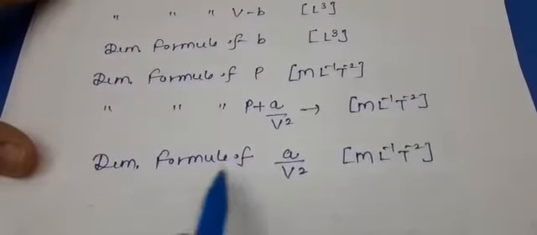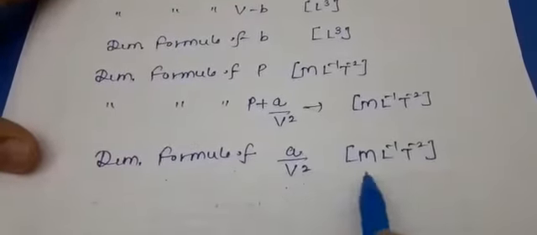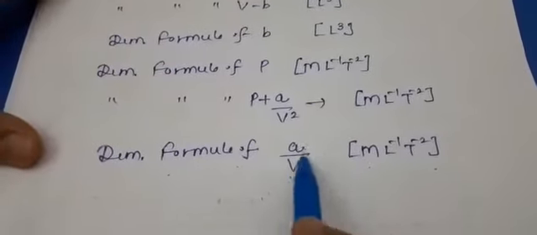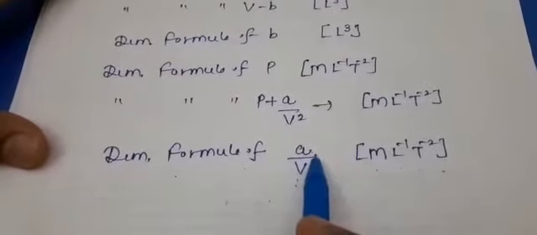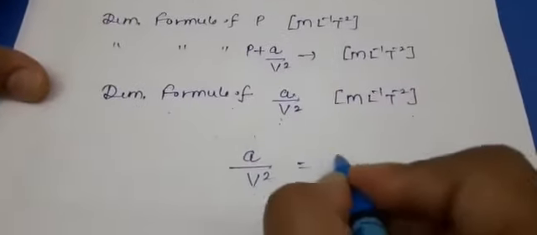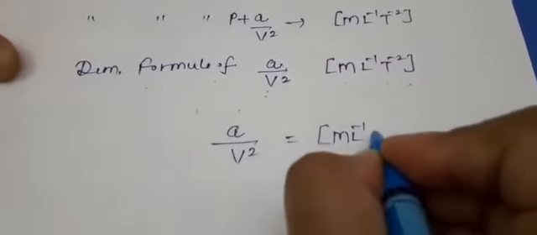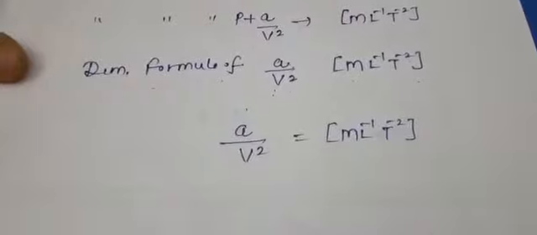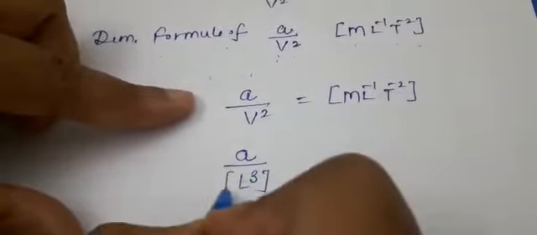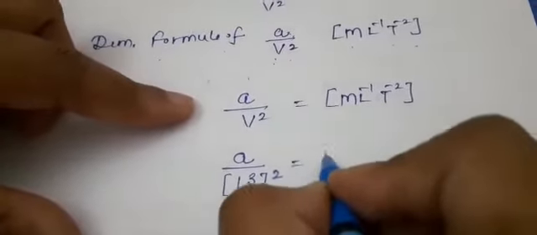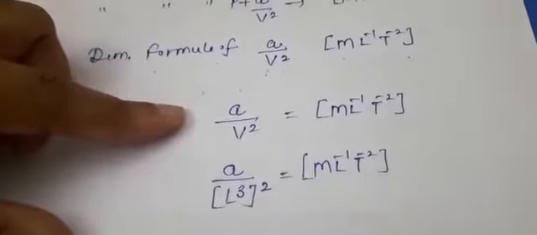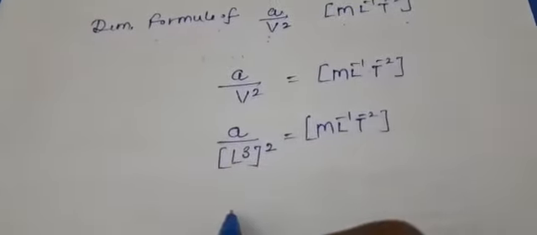Now see, the dimension formula of a upon V² is the same as that of pressure. And V is volume, so you have to calculate the dimension formula of a. So a upon V² has the dimension formula M L⁻¹ T⁻². V is volume, so V² will be (L³) raised to the power 2. Now a simple step, you have to just solve it.